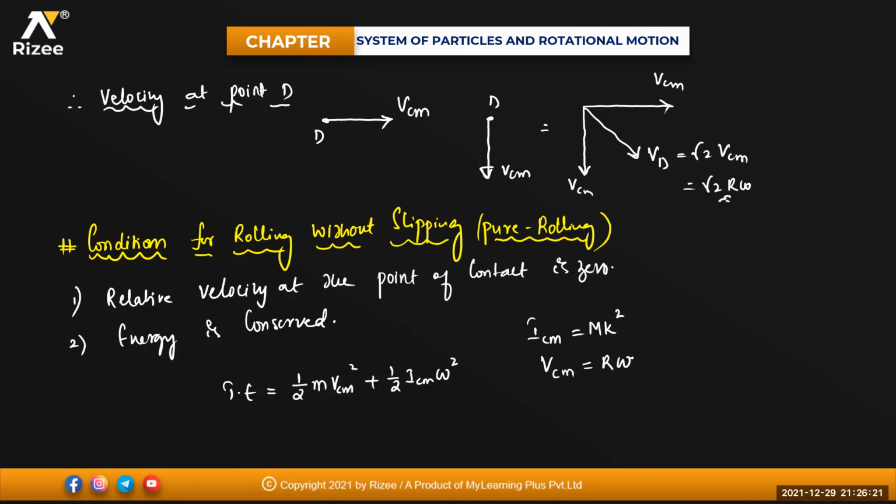Radius of gyration. So if I am writing that value here, total energy must be equal to half. Small m is capital M into your VCM, which equals r into omega whole square, plus half into I, which equals m k square, and VCM is equal to r omega. Omega is equal to how much for me, beta? VCM is equal to your r omega. So omega is equal to your V by your r.